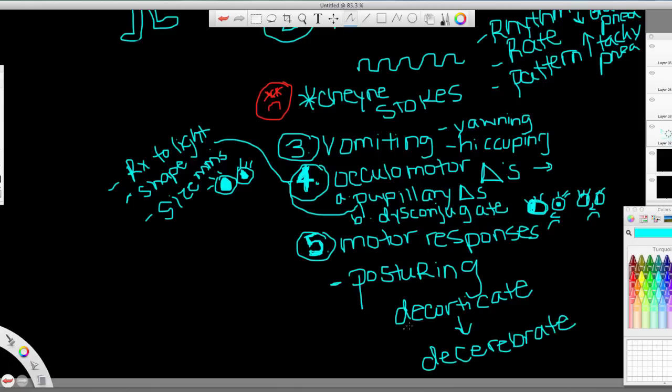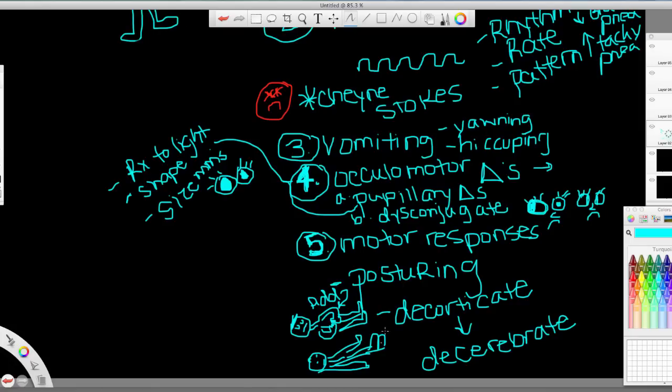Okay, so with decorticate posturing, your patient has their hands and arms flexed and adducted. Remember, adducted means they're added into the body. A-D-D. They're added in and flexed. So that's decorticate. With decerebrate, the arms are extended, hands are clenched, they have plantar flexion still as well.